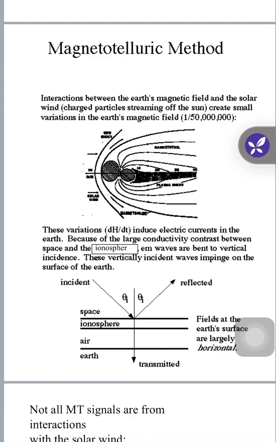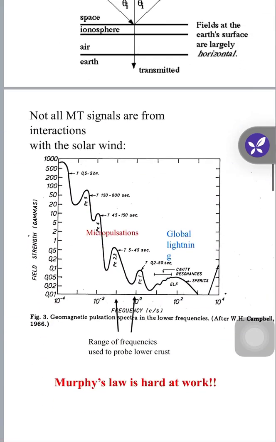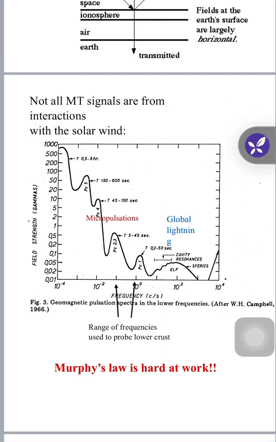The graphical representation of magnetic pulsation in the lower frequencies is shown, and on the other hand it shows the relationship between the range of frequencies and the field strength.